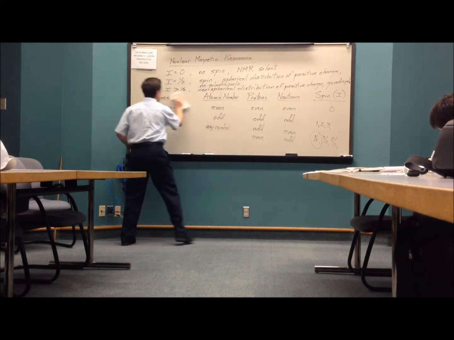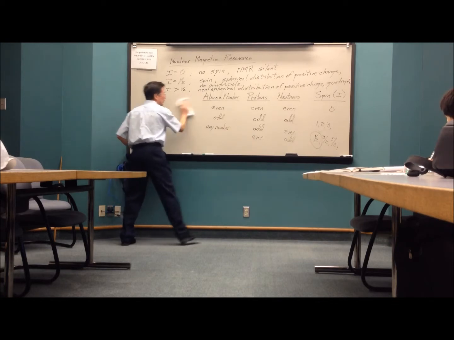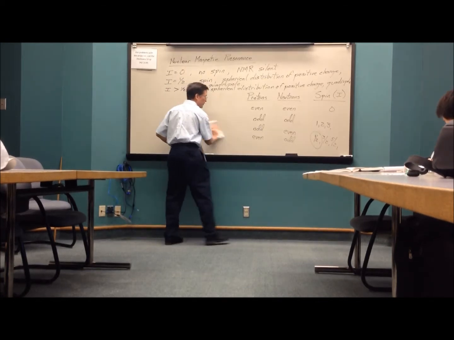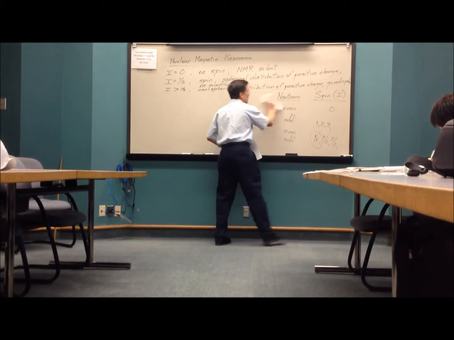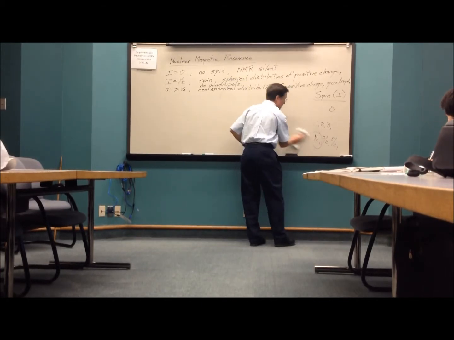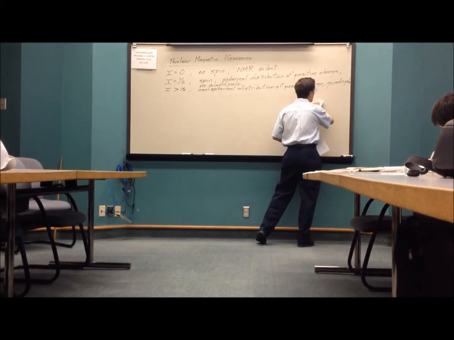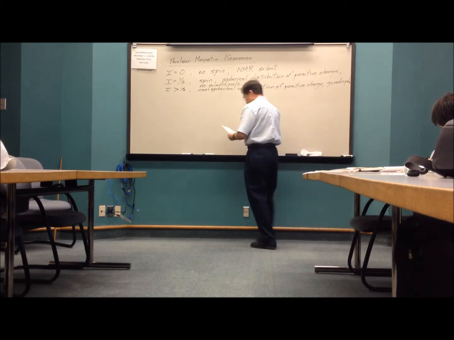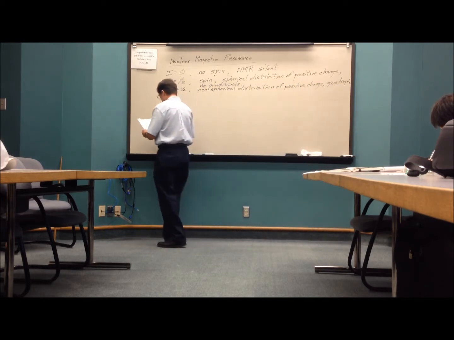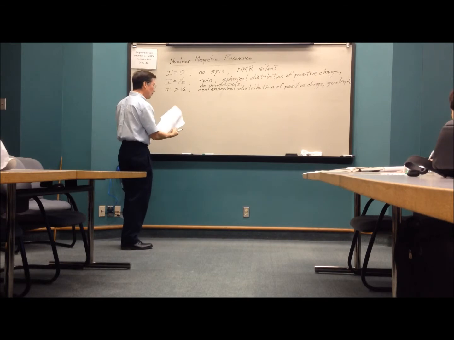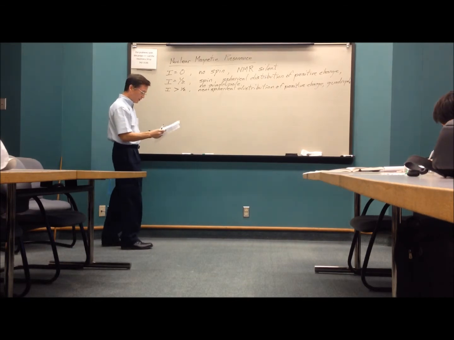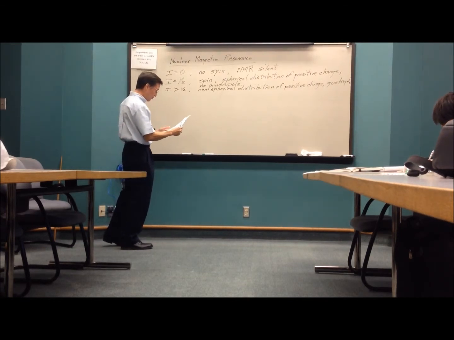So, let's take a look at a few other physical properties of the nucleus that come about as a result of the spin and the quadrupole. One very important number is called the magnetogyric ratio.